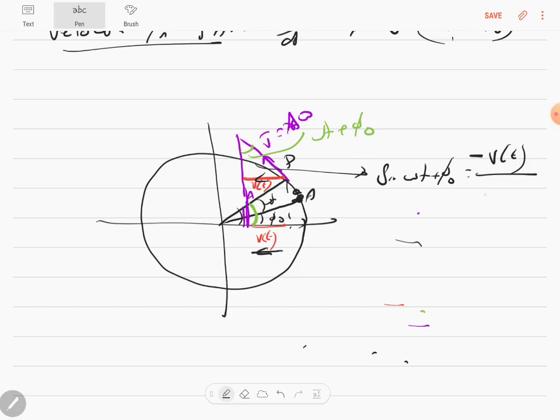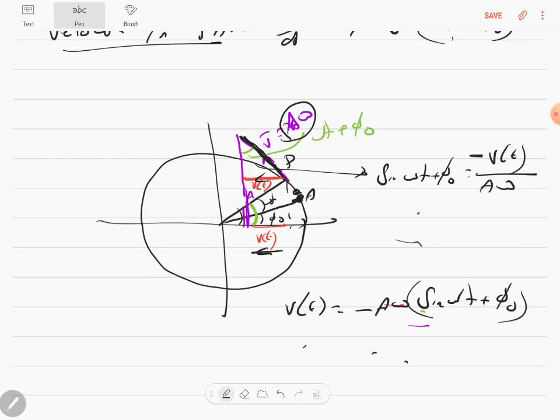The hypotenuse itself is nothing but A omega. In this right triangle, the hypotenuse, the linear velocity, is A omega. So v of t is minus A omega sin(omega t plus phi naught).